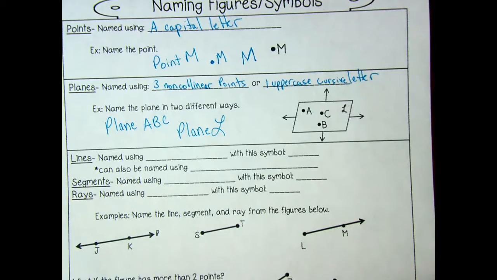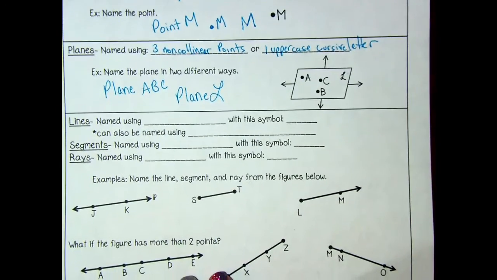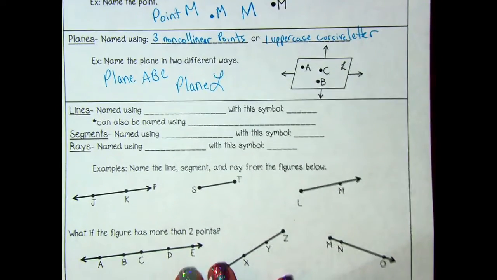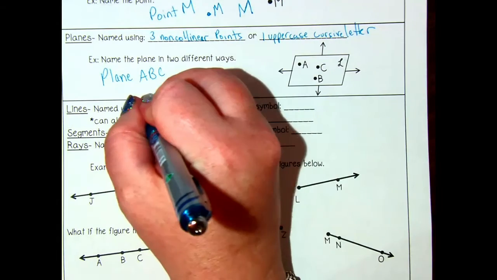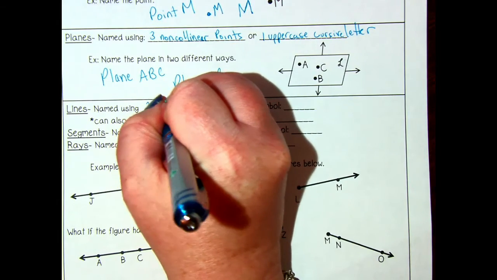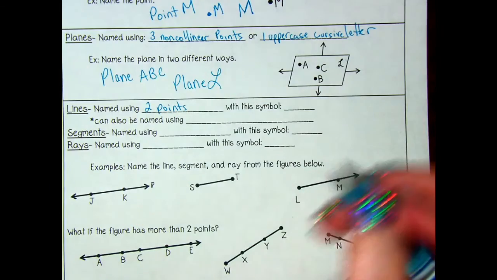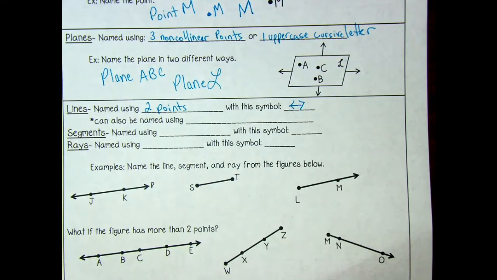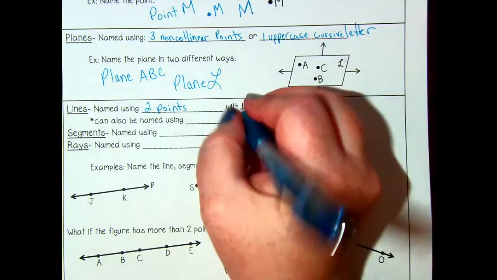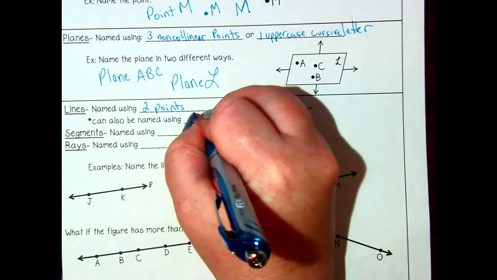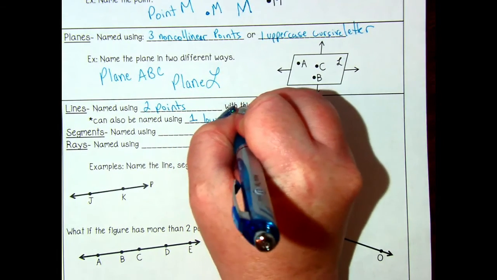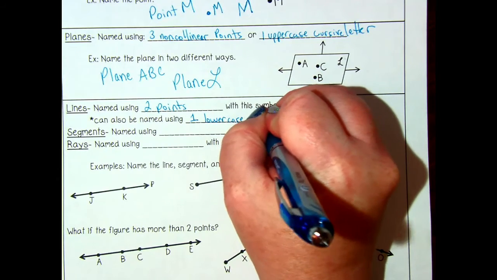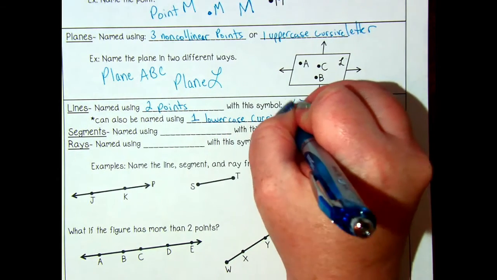Now, in the next section, we have lines, segments, and rays. We remember that lines are named by 2 points, and we use the line symbol. It can also be named by using one lowercase cursive or script letter.